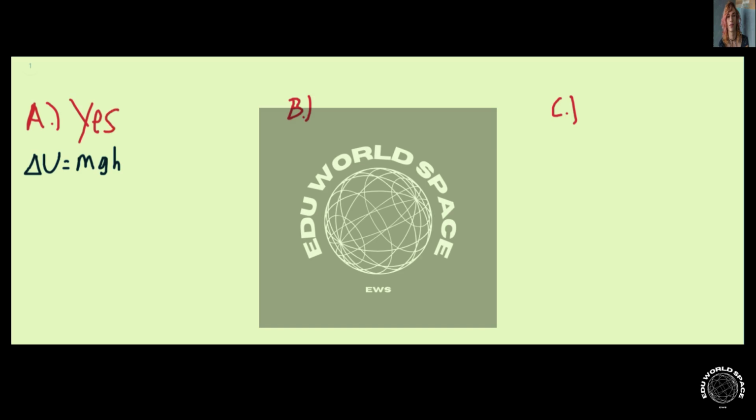Now for B, we're looking at the heat evolved when a cube of sugar is oxidized to CO2 and H2O gas. Well, no, heat is not a state function, so it is not independent of path.